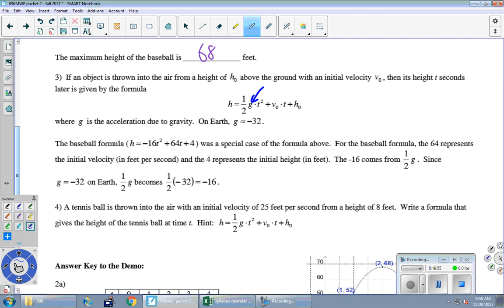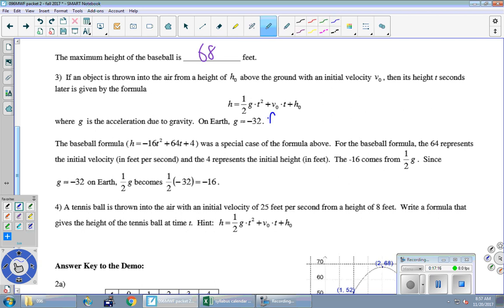I said that the reason this ball is falling back to Earth and not floating off into space is gravity. g is gravity. g is the acceleration due to gravity. It's just a straight number. Here on Earth, acceleration is negative 32 feet per second per second. It's written right here, negative 32. I'll put units in.